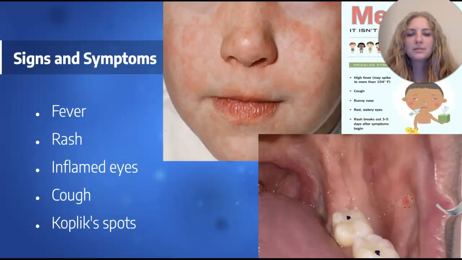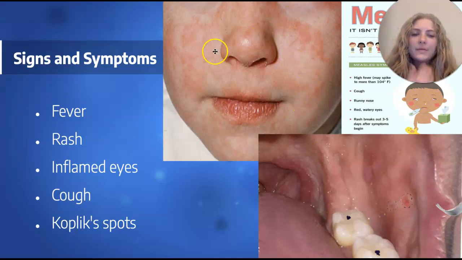So some signs and symptoms for measles include fever, rash, inflamed eyes, a cough, and these things called Koplik's spots. These spots show up, I have a picture here, in your mouth. And they're kind of hard to see, but they're just these little spots that are seen in people with measles.